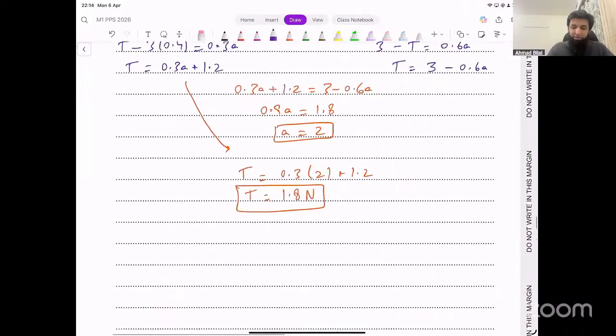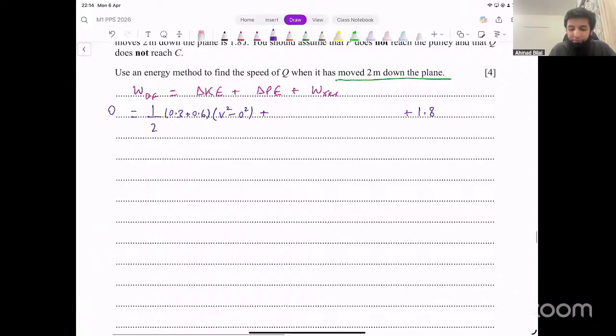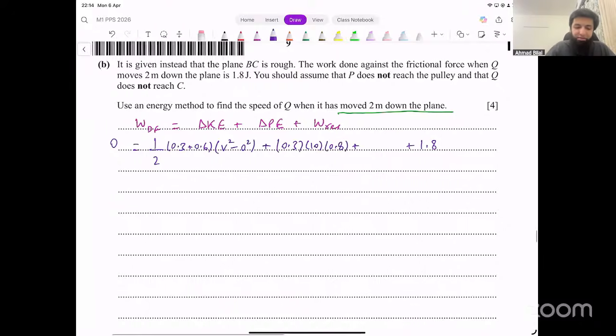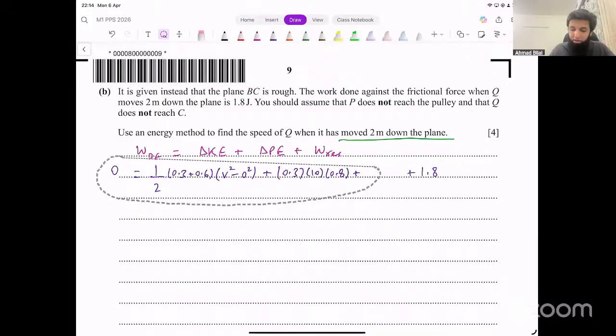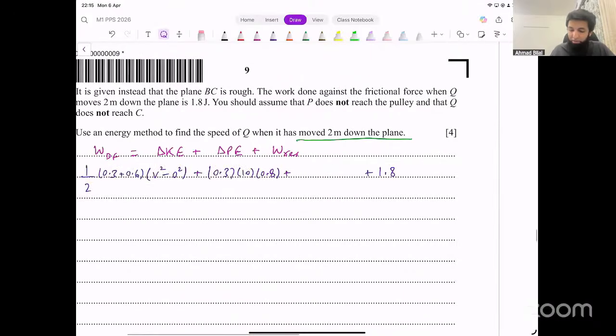Now we can apply the work energy principle. What's the change in potential energy for P? mgh: mass of P was 0.3 into g, which is 10, into change in height for P, that is 0.8, plus the change in potential energy for Q. What would that be?